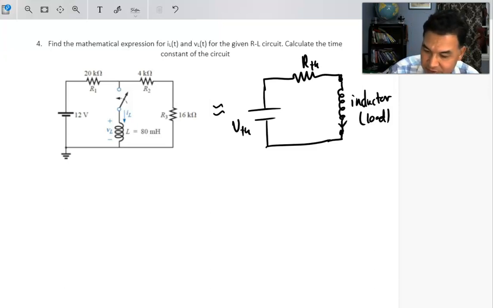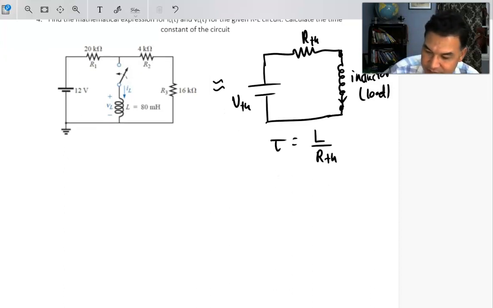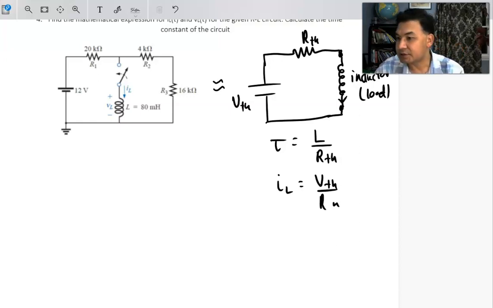And what is the time constant? The time constant will be just L over RTH, just like in a capacitor it is R times C. If you have an inductor, the time constant is the inductance divided by the equivalent Thevenin's resistance. And then the I of L is just VTH over RTH.